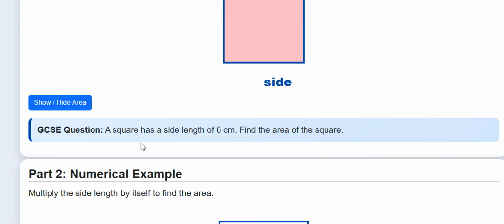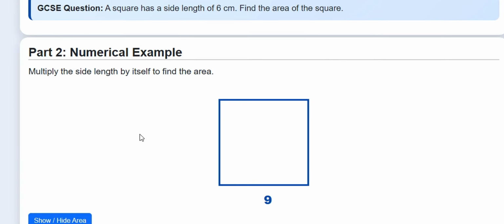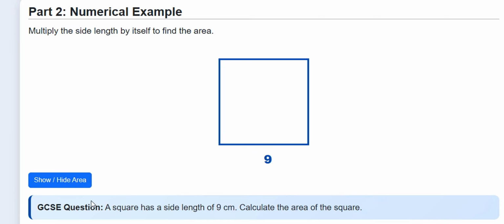So can we try another example? In example 2, you are told a square has a side length of 9 centimeters. Calculate the area of that square. Of course, the area is the region enclosed by the sides of the square, and we are given one side which is 9.